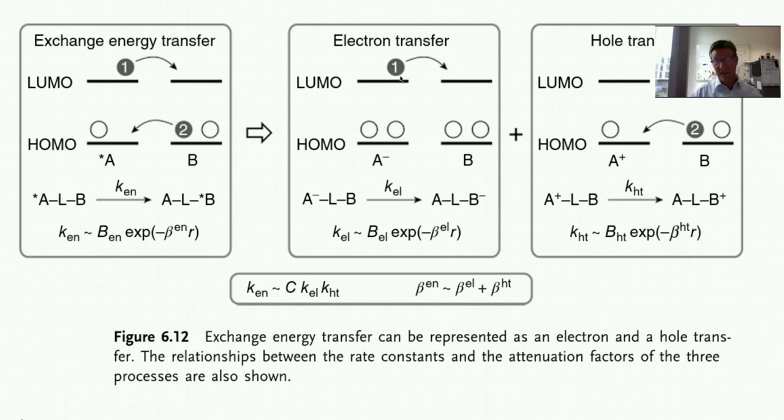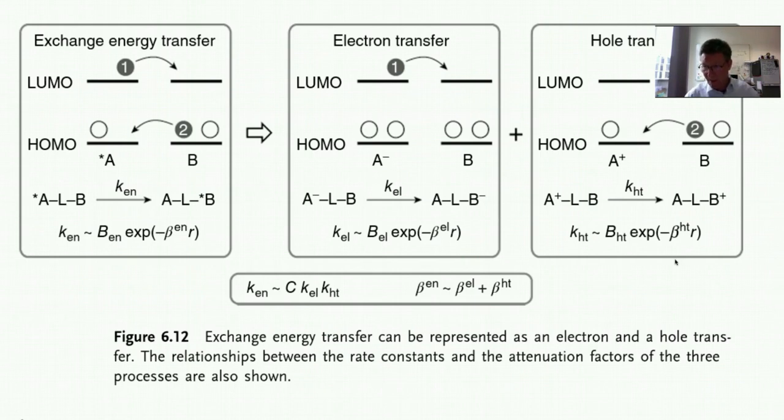Now, if you look at the separate processes, then this is one of the steps, step 1. It basically has a beta factor that can also be seen in electron transfer studies, where you just transfer one electron. But of course, you also have the other electron transfer that, in this case, they call a hole transfer. It depends on what your reference point is: the hole, the position where the electron is missing, or where the electron is. Basically, this is the electron transfer between the two HOMO levels. You can call it a hole transfer.